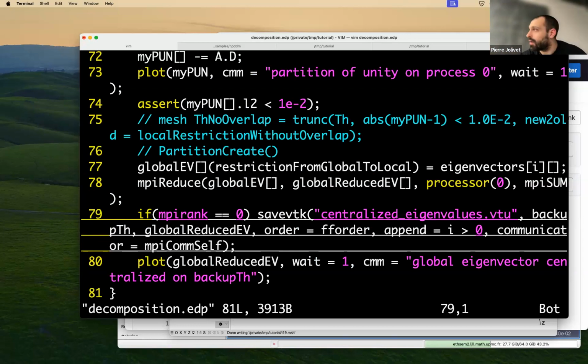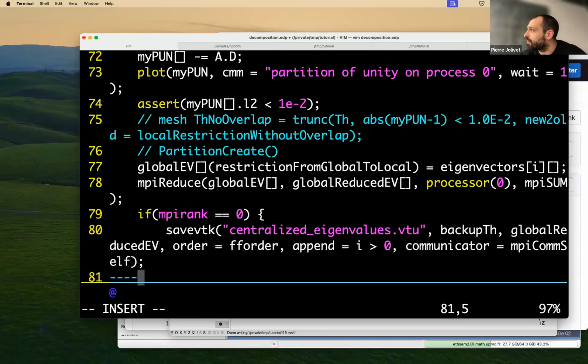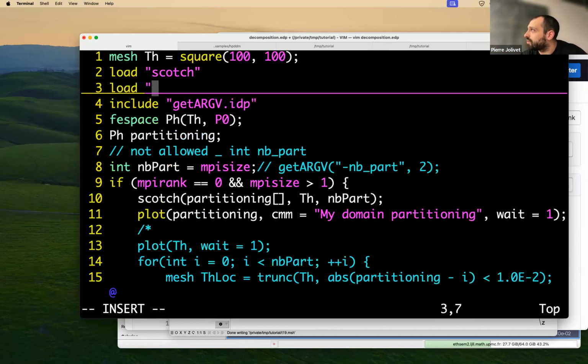So, for example, what we can do is, if I'm on process 0, load MMG.